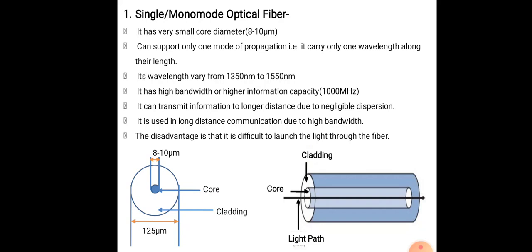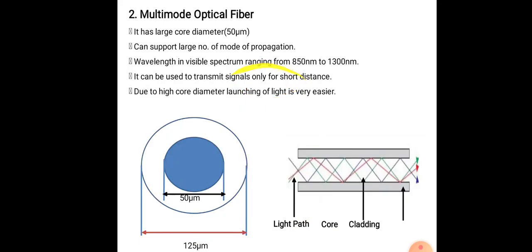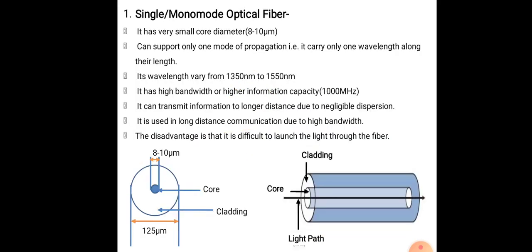Understood? Now that wavelength varies from 1350 nanometer to 1550 nanometer. This type of fiber has high bandwidth, or higher information capacity, and is particularly used for longer distances for transmitting information without any loss of intensity of light.